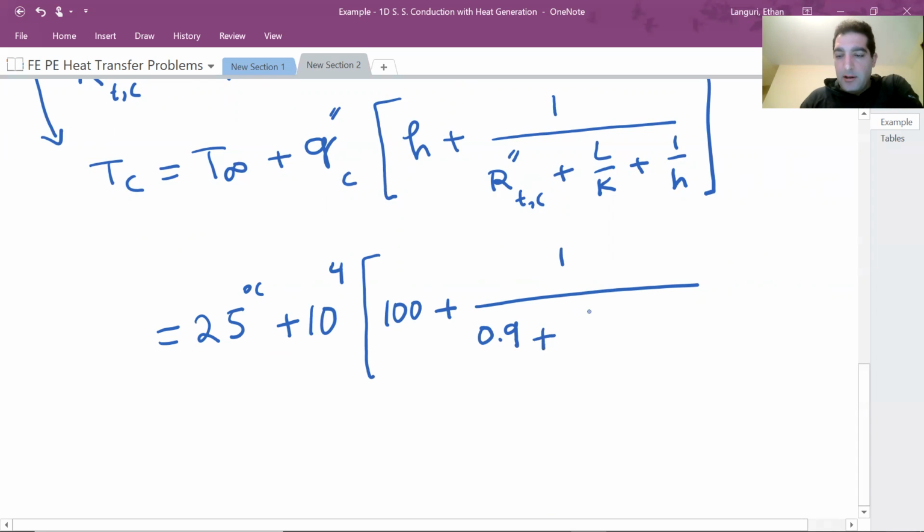And L over K, if you divide the thickness by the material property we found, is going to be 0.33. By the way, I'm going to multiply everything by 10 to negative 4. And 1 over H, which is 1 over 100, in the form of 10 to negative 4, would be 100.